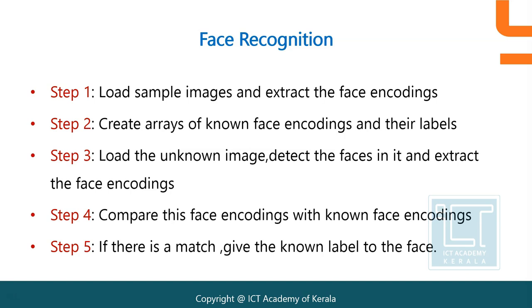Look for the number of true and false values there. If there is a match, then you can give the appropriate label for that face according to this match. So that is what you are doing under face recognition.